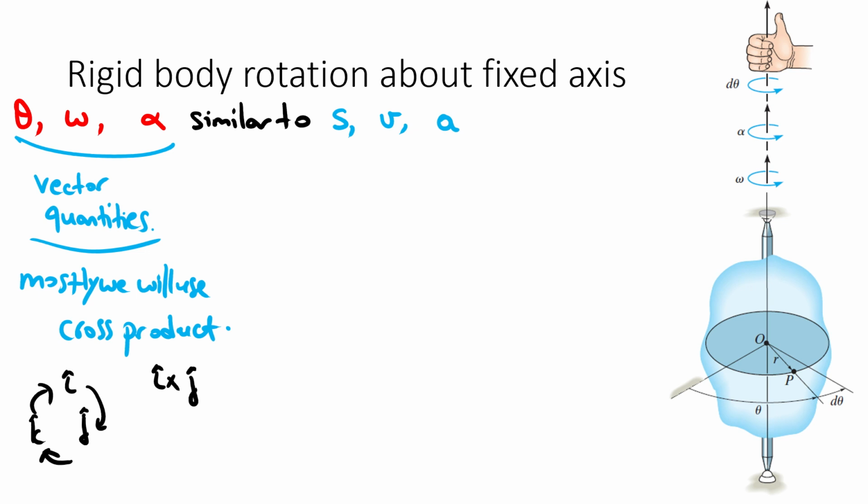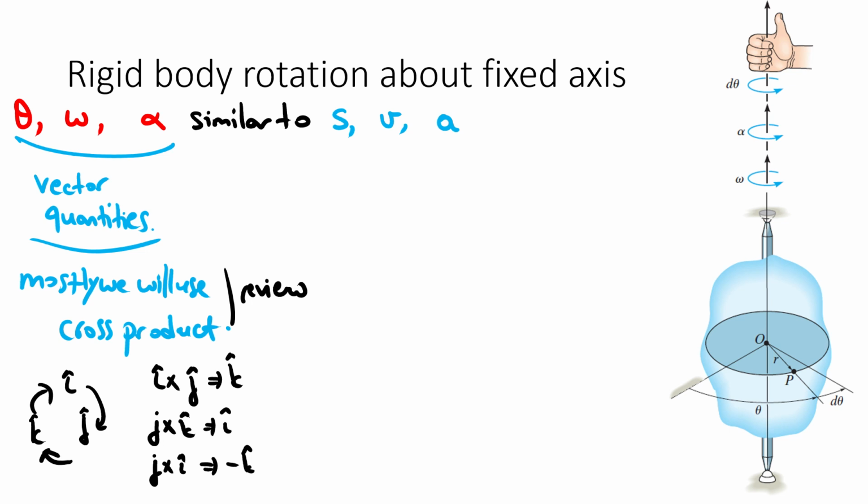If you cross I with J, then you will get K component. If you cross J with K, you will get I component. If you cross the opposite, J with I, you will get negative K. The other combinations are similar. If you cross I with K, you will get negative J, but if you cross I with itself, you will get 0. Anyway, this review is up to you, to review this cross product section and see how it works.